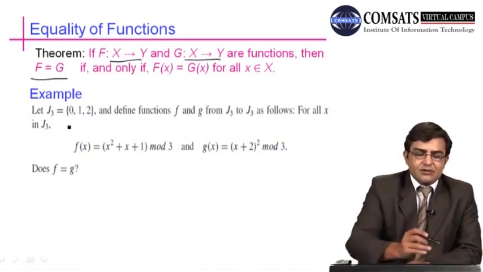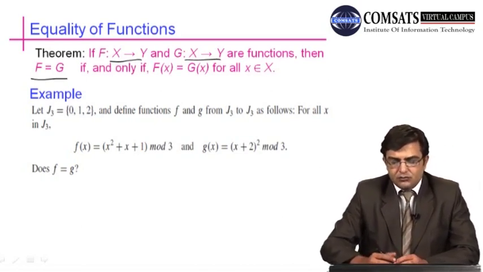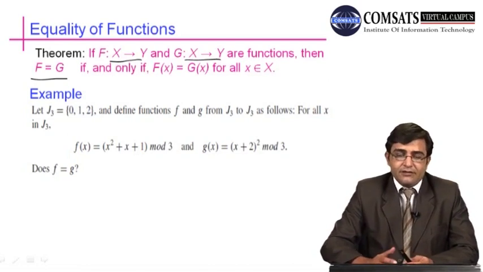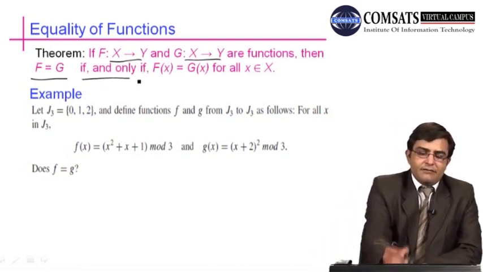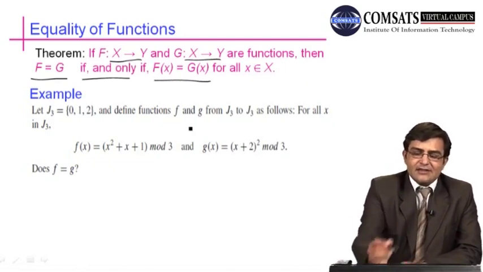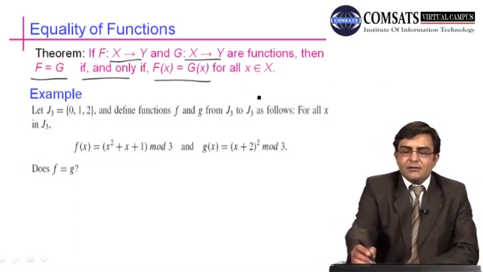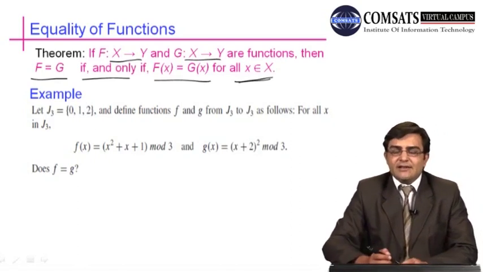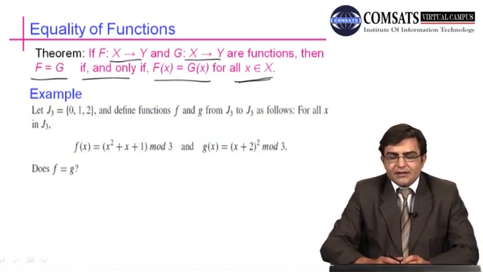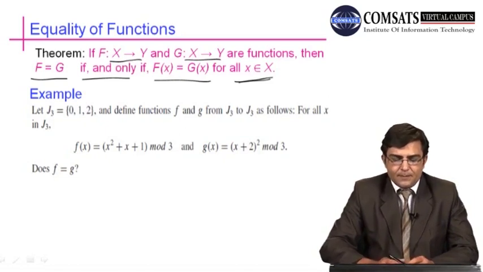We say that the function F is equal to the function G if and only if F of X is equal to G of X for all X belonging to the domain set X. This means the images of these functions at every X must be the same.